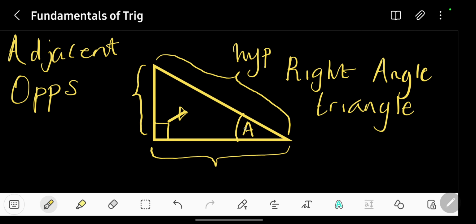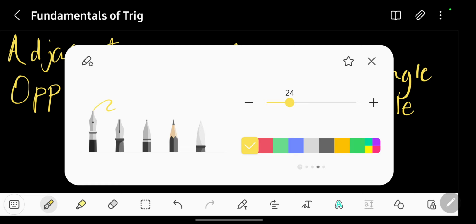We said that if Abi is sitting here, this side will be the opposite side for Abi, and this one will be the adjacent side of Abi. The side which is facing Abi is the opposite side, but where Abi is sitting is the adjacent side.